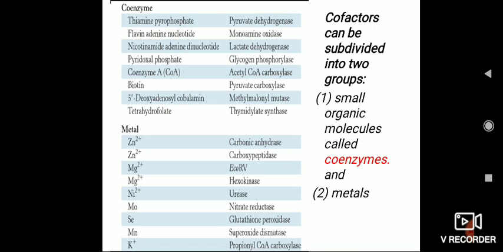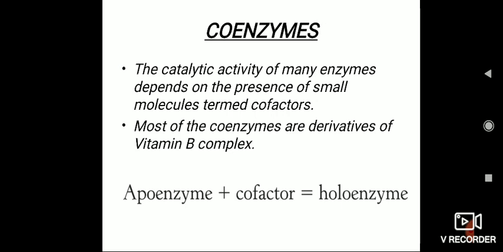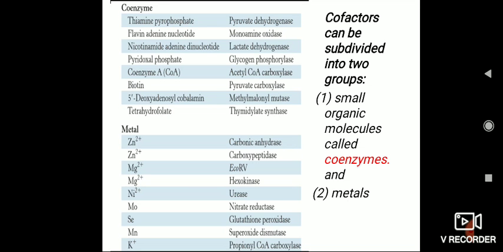Some coenzymes are thiamine pyrophosphate, flavin adenine nucleotide, nicotinamide adenine dinucleotide, pyridoxal phosphate, coenzyme A, biotin, tetrahydrofolate. As we read here, most of the coenzymes are derivatives of vitamin B complex, as you can see in the list.